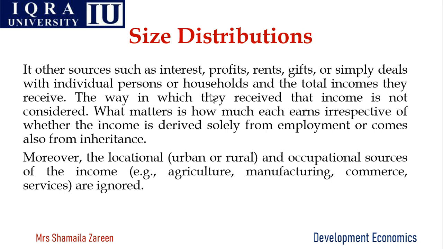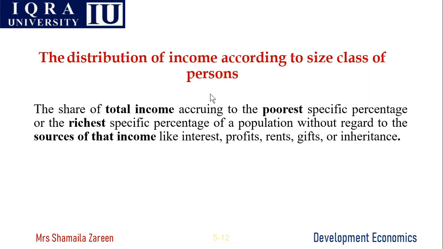That is not considered, whether the income is coming from employment, from inheritance, or from any other way. The source doesn't matter at all. You only specify how many percent of the people are rich and how many percent are poor.